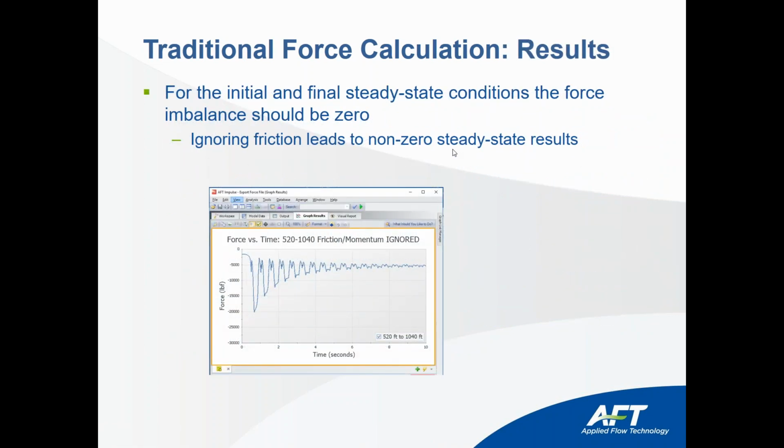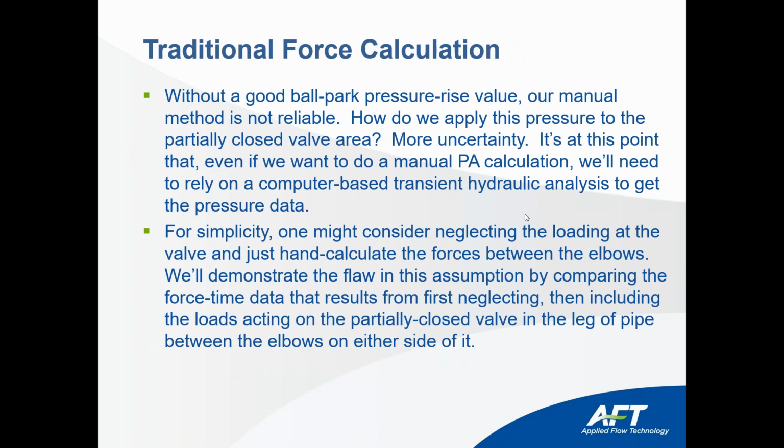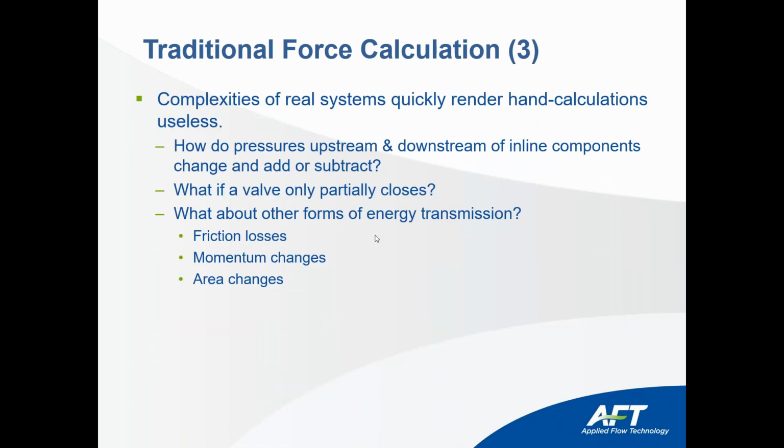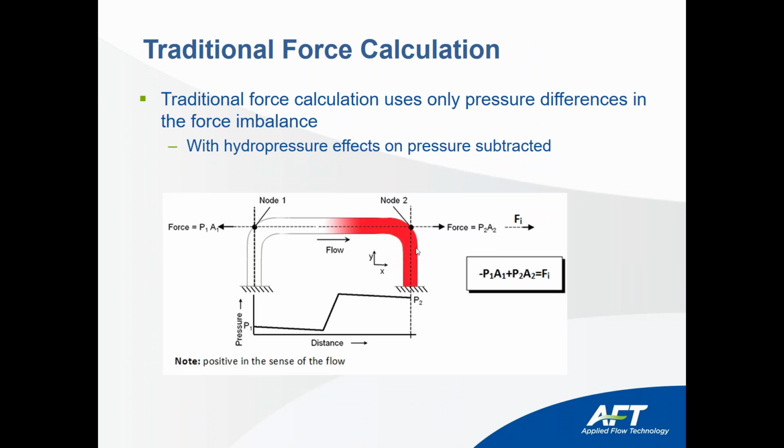So traditionally, for initial and final state conditions, the forces should be zero. That's another thing that we have to consider. Why? Because until, let me go back a minute, until the pressure comes in here, this does not see the wave.